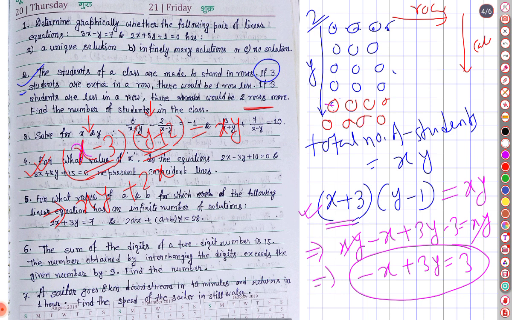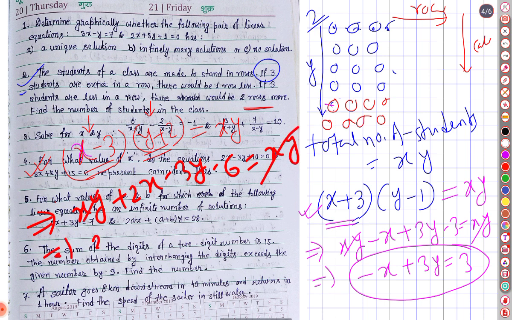This is minus 3, so this is xy plus 2x minus 3y minus 6 is equal to xy. xy again cancels, so that is 2x minus 3y is equal to 6.